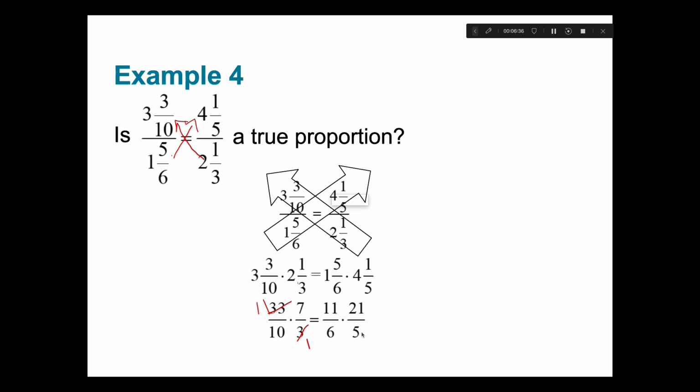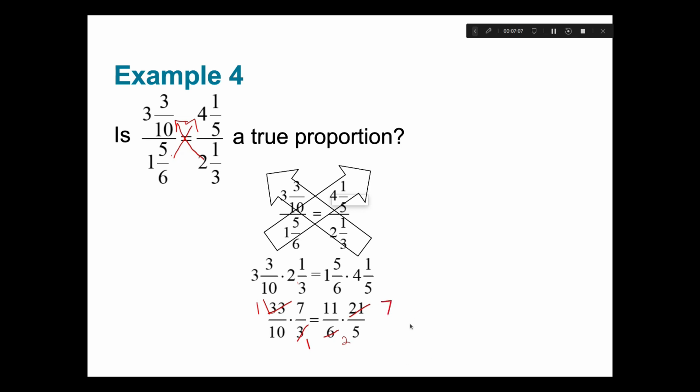What about these numbers over here? Is there anything I can cancel out of this side? There is, but it's a little harder to see. 6 and 21. Nice job. What can I get out of 6 and 21? A 3. 3 will go into 6 how many times? And 3 will go into 21 how many times?